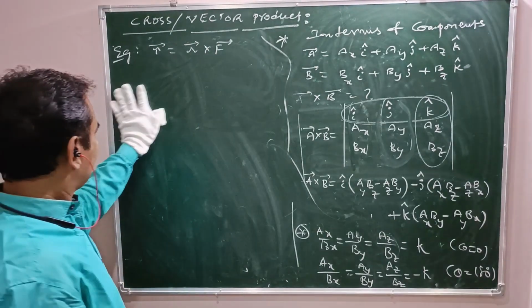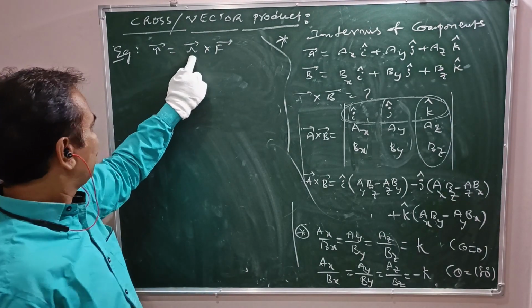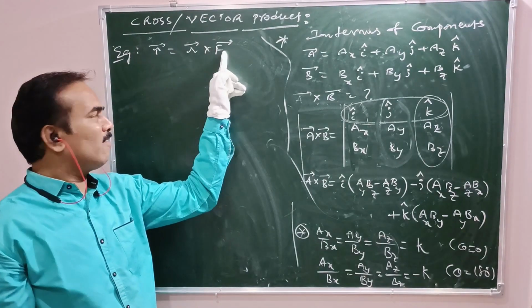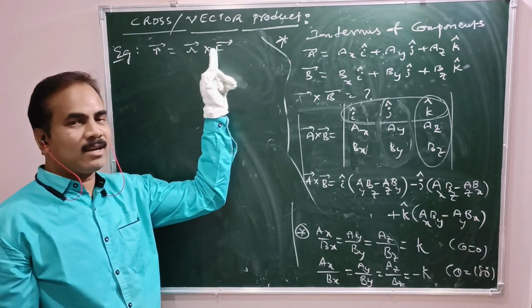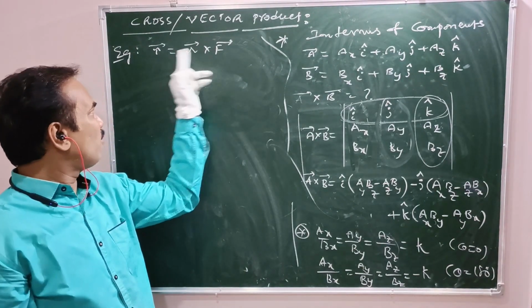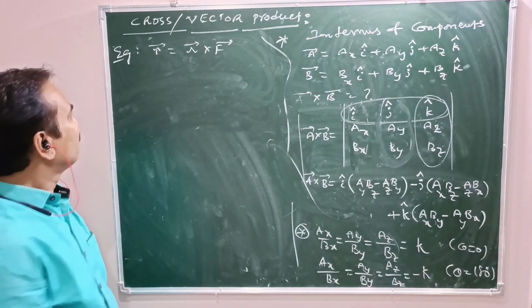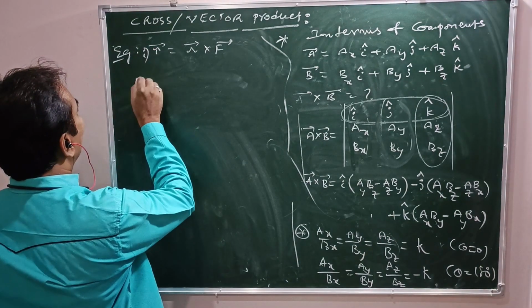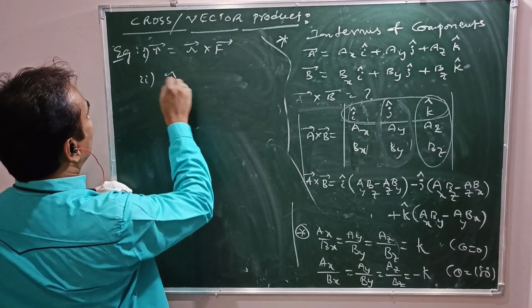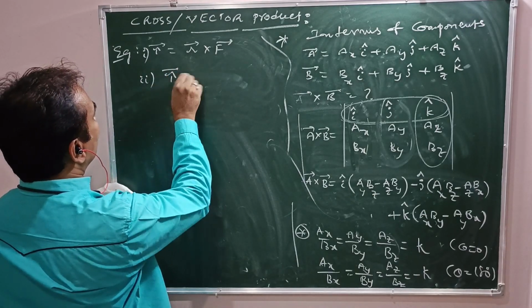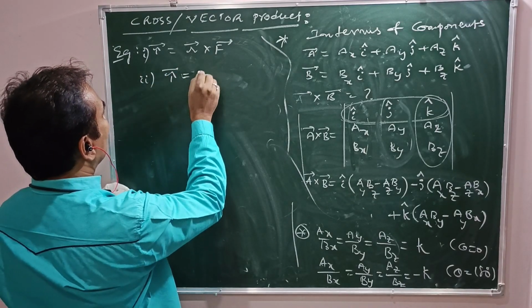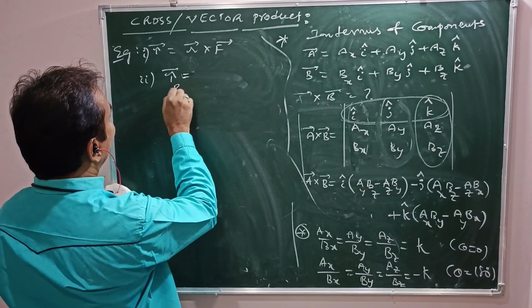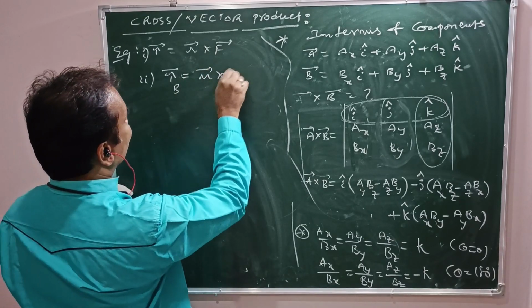R bar is the moment vector and f bar is the force vector. Cross product of moment vector and force vector, that is, moment of force is torque. Okay. Number 1. Again number 2, torque tau b equals m bar cross b bar.